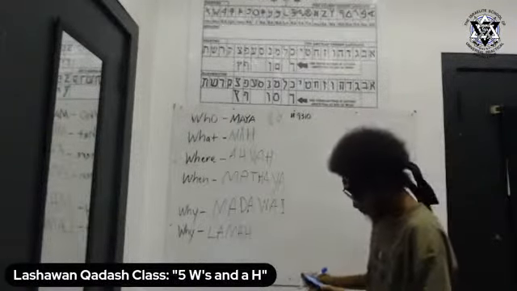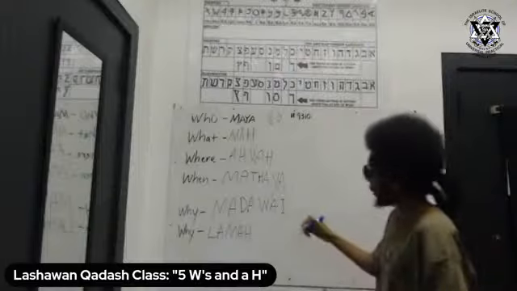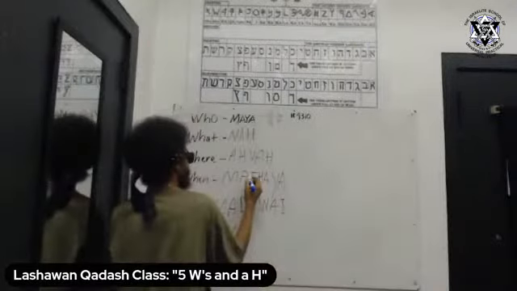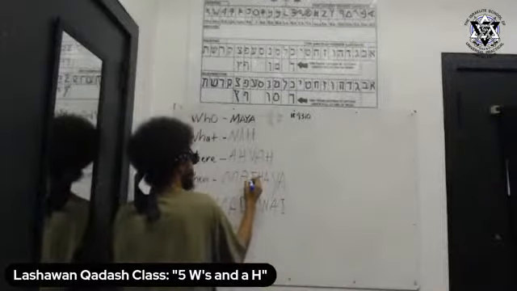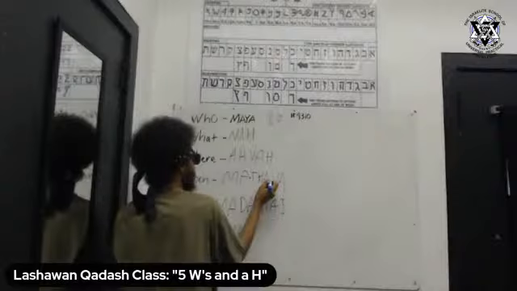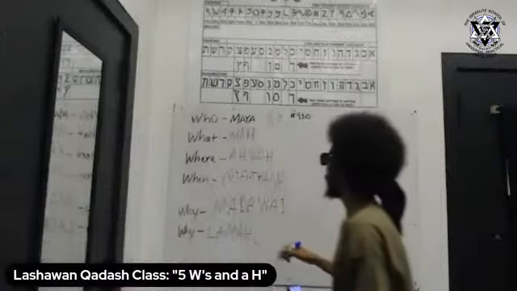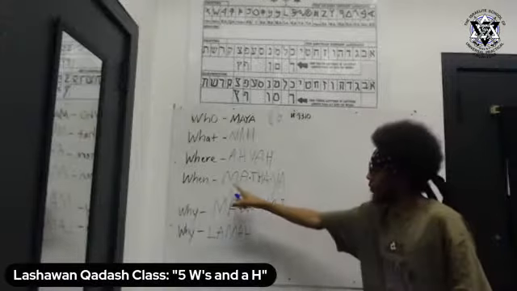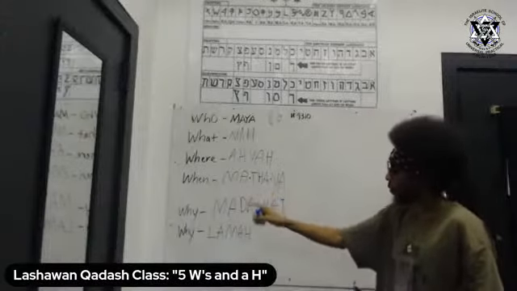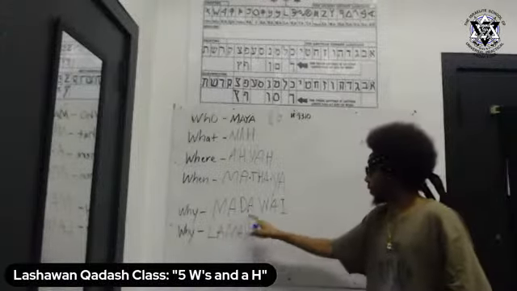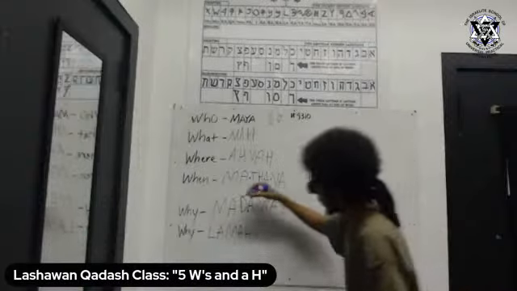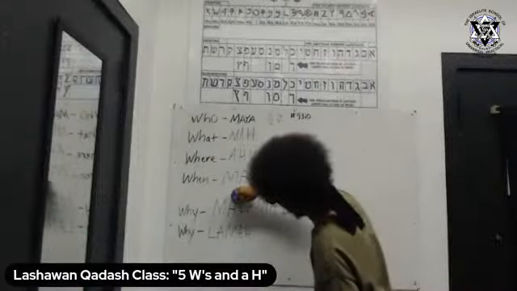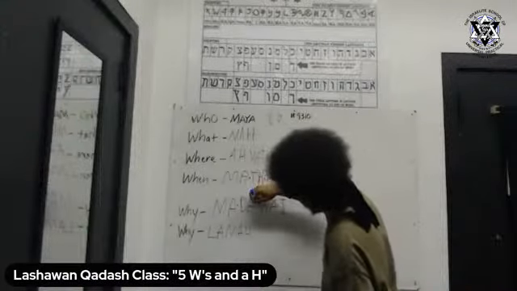So now, I'm just going to do this real quick so everybody can understand. Ma, yeah. I'm separating it so everybody can understand what is being said. Ma, yeah is when. Y is mother Y. Okay.